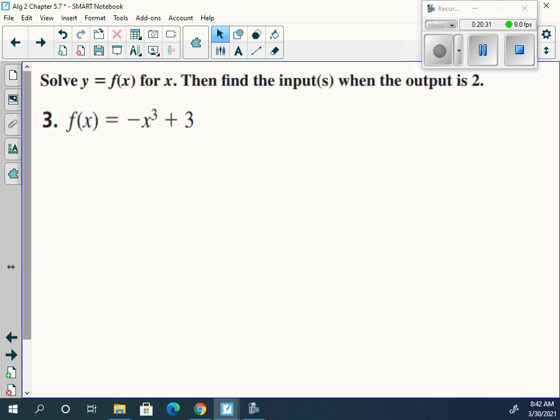But not every one that has other x squared and x terms. It could have an inverse, but it's not guaranteed. When it's just x cubed and a number, it's guaranteed to have an inverse. And if you ever want to make sure that it does have an inverse, the best way to do that is graph it and see, does it pass the horizontal line test?